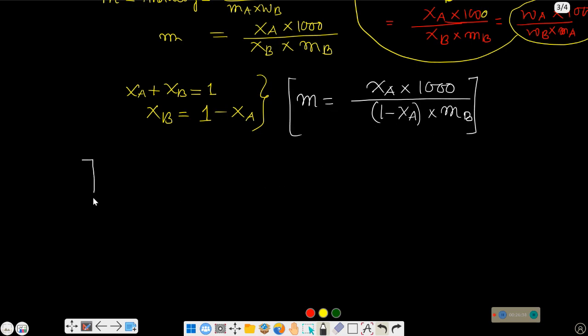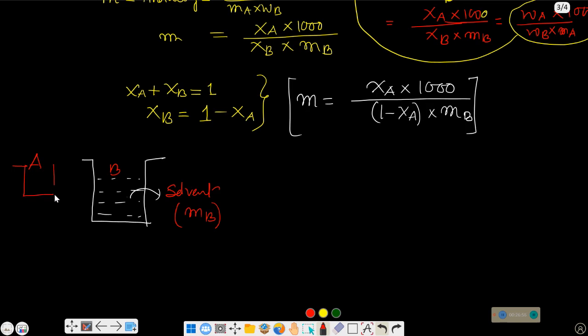So what have we understood? Suppose I have a solvent here, and I know the molecular weight of the solvent. This is B. A is the solute here, and I know the weight of the solute and the molecular weight of the solute, and I am only given the mole fraction of the solute.